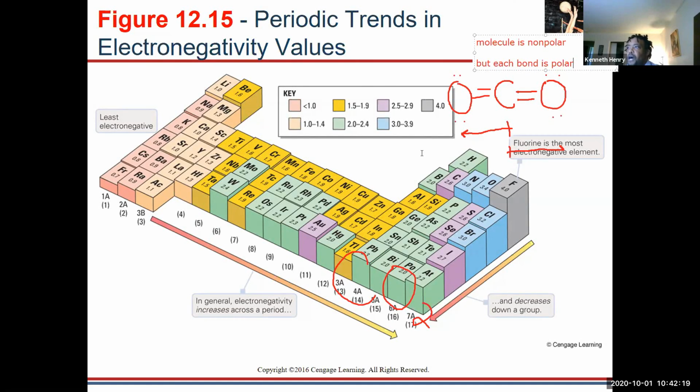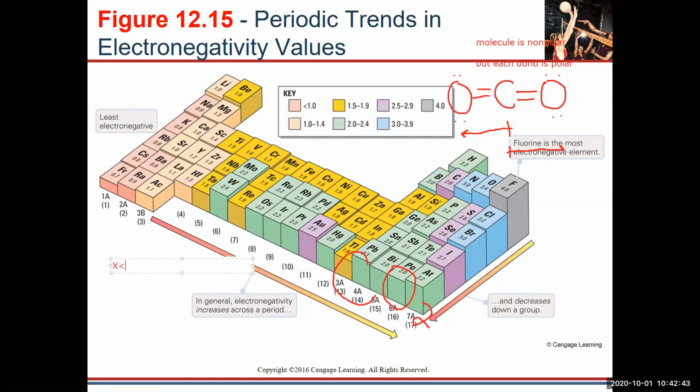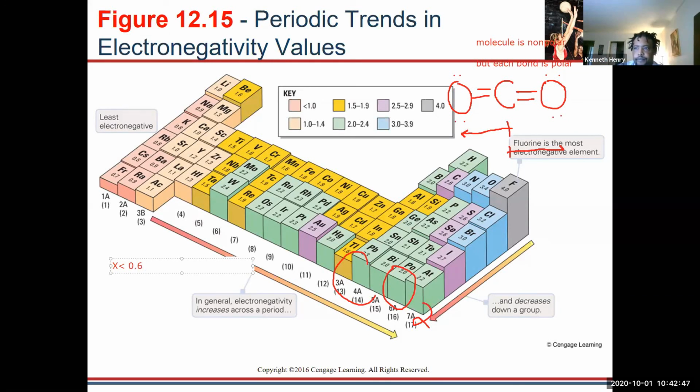If we're looking at the bonds, the way that we determine if something is polar or nonpolar is by using these arbitrary numbers. I'm going to give you my numbers. If the difference between the two, X, is less than 0.6, it is nonpolar.